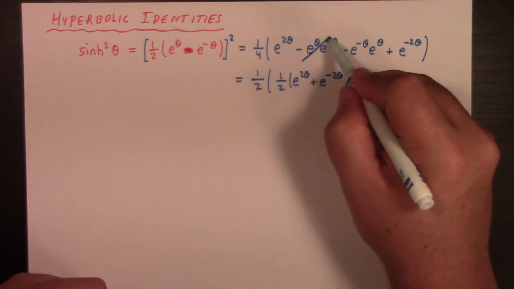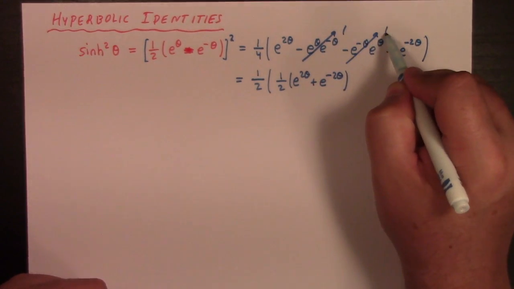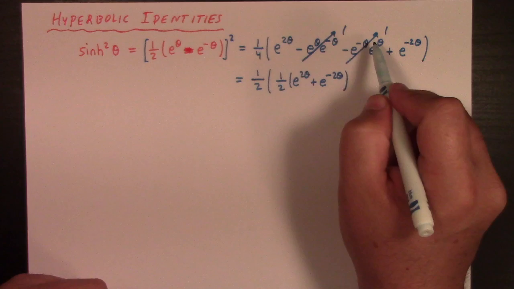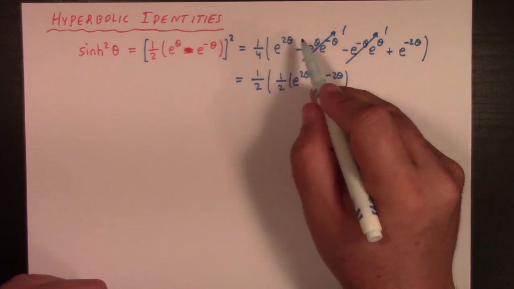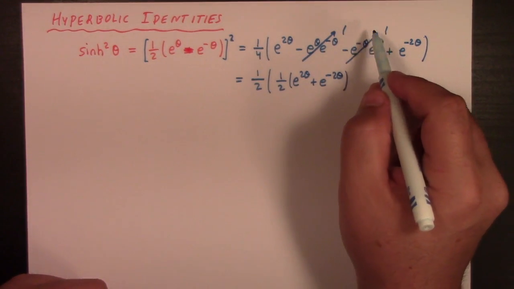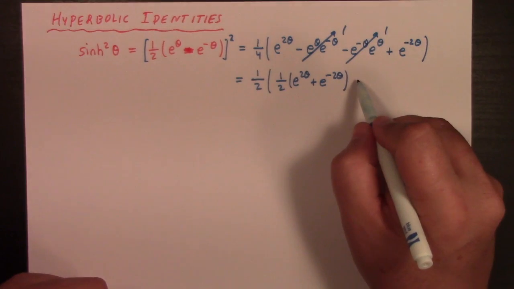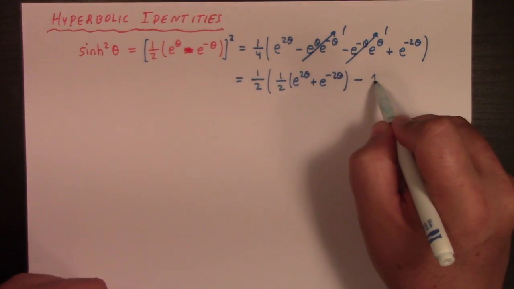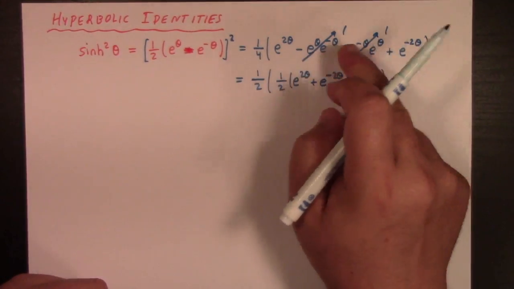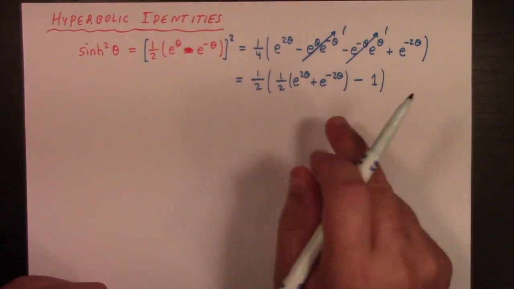Now these are each 1, so I've got minus 2 over 4. In other words, I have minus 1/2 here, because these two terms simplify to minus 2/4, which is minus 1/2.